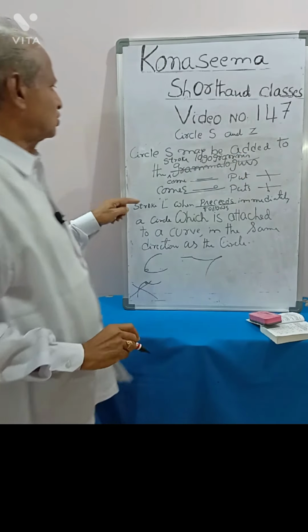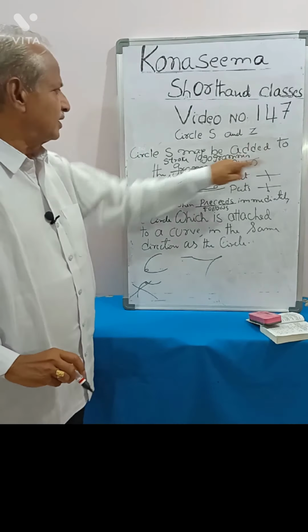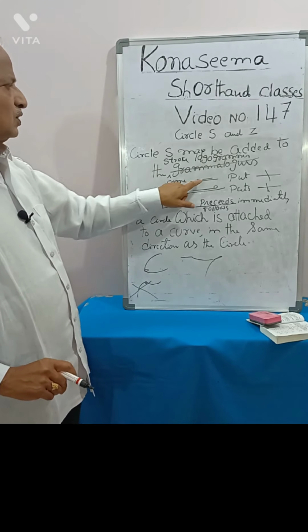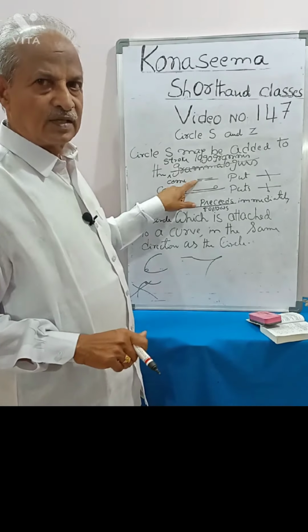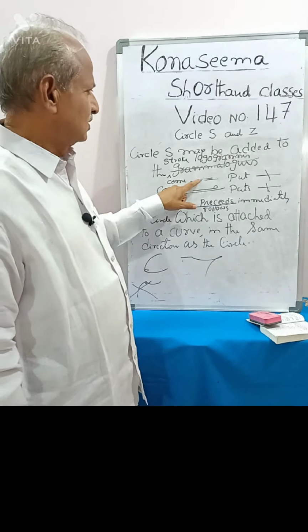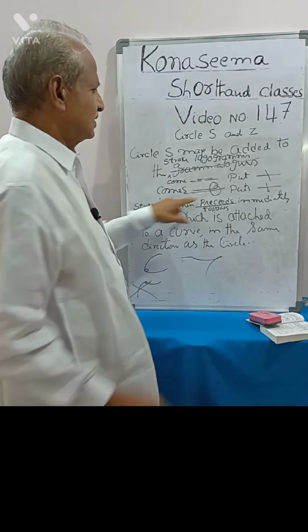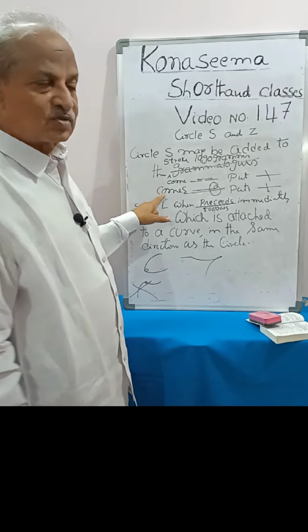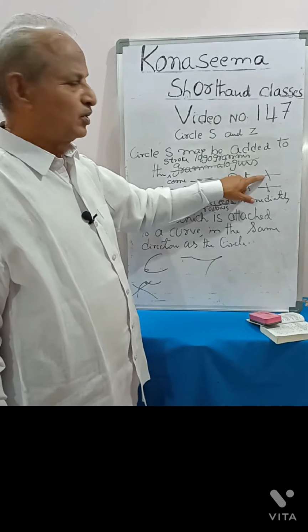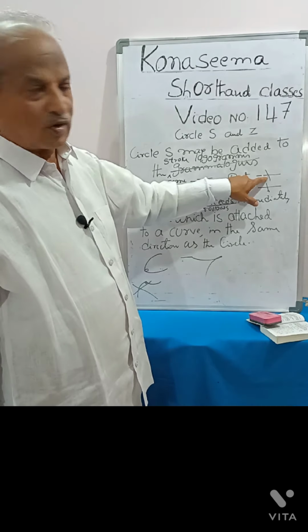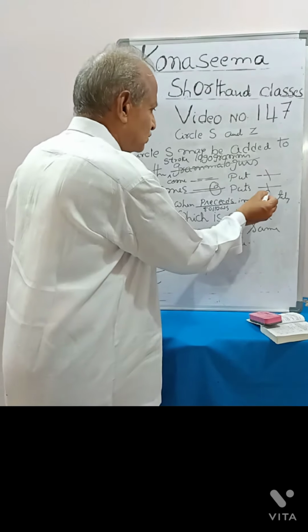Both are one and the same, but the circle may be added to the stroke logograms like this. Come, it is a stroke logogram, K on the line. We can add the circle to that so that it becomes comes. Put P through the line is a stroke logogram. We can put the circle to this.